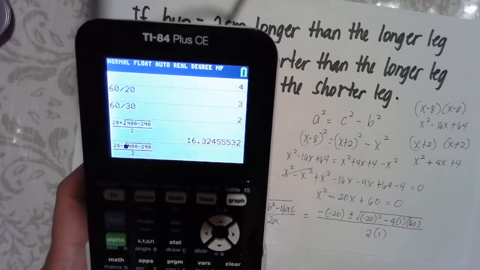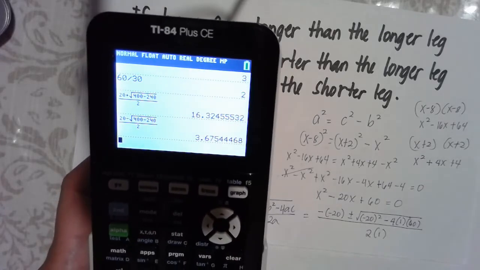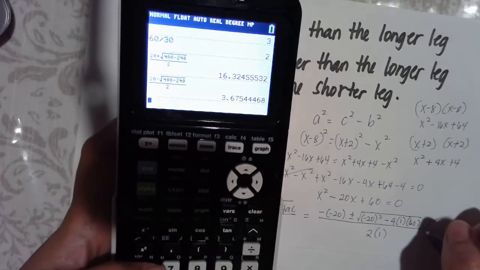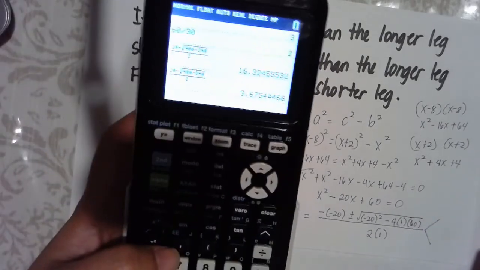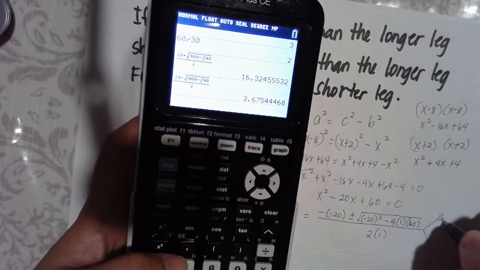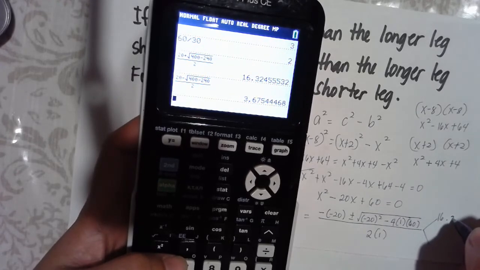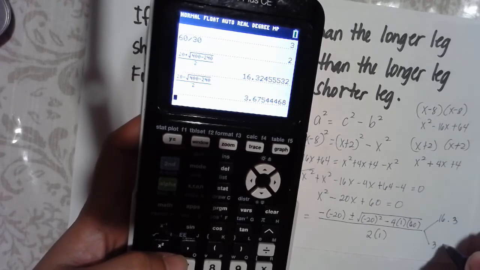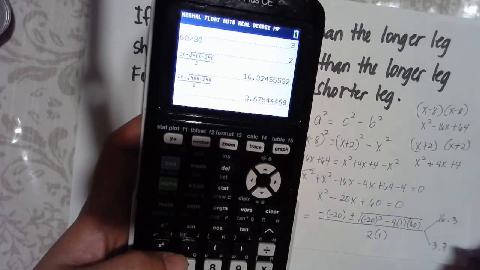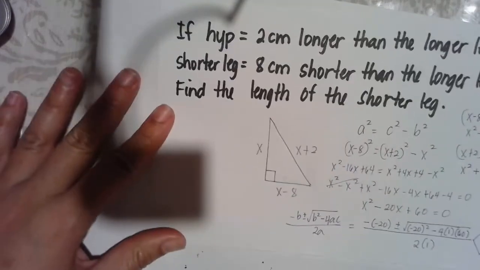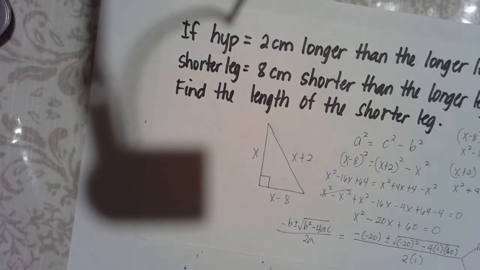Now for the minus: 3.7. So the values are 16.3 and 3.7, and I don't know which one will be the value of the shorter leg.